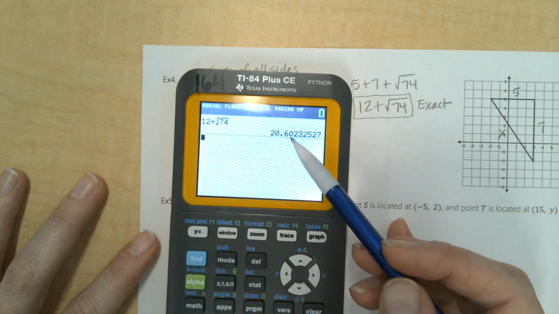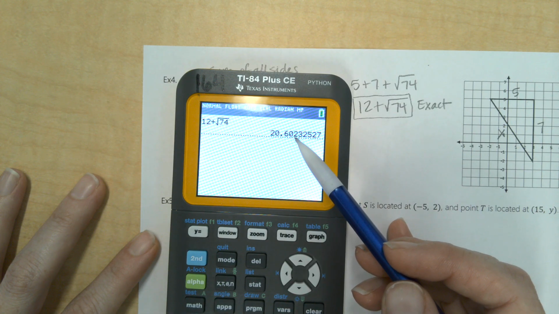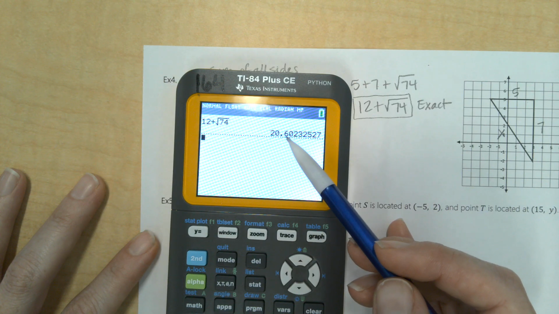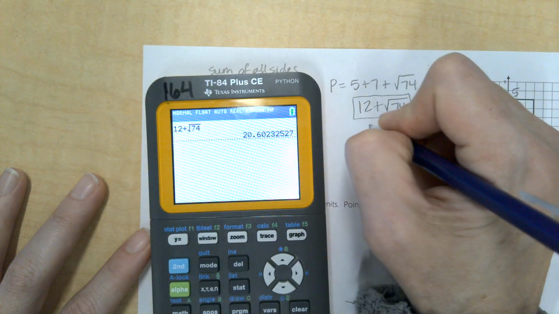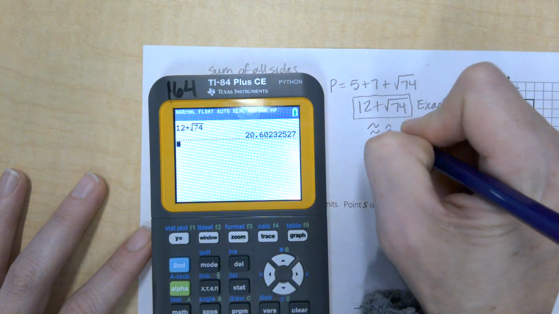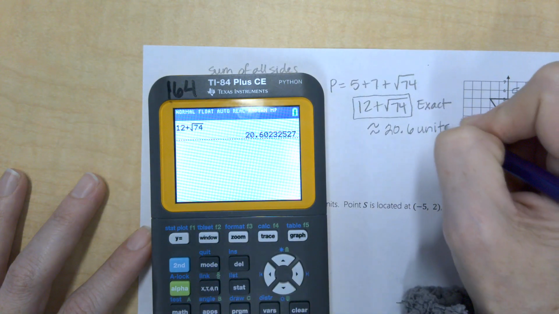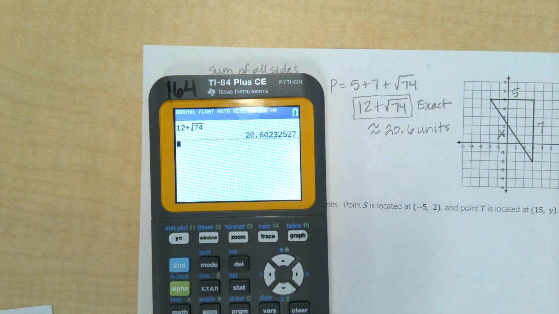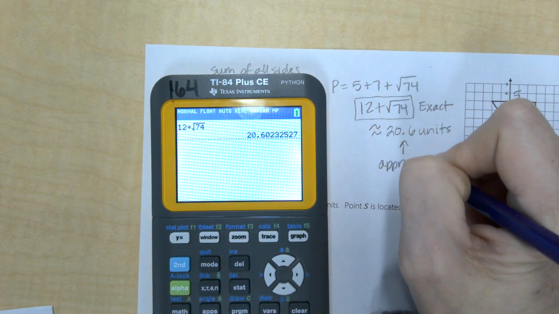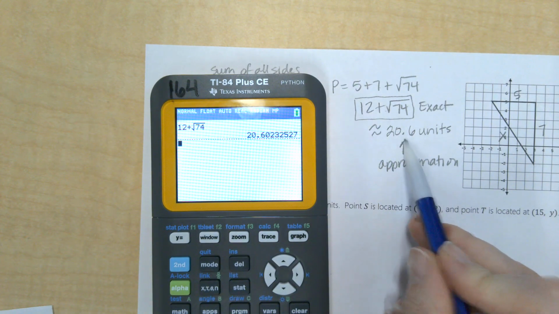Usually I like at least 2. The more decimal places, the more precise. But since there's a 0 in the hundredths place, we'll just go to the 6. So this is about, the little squiggly lines mean about, 20 and 6/10 units. And that is the approximation. So exact, approximation.